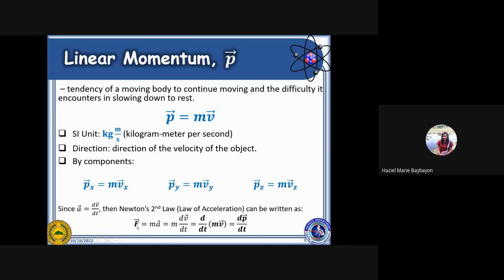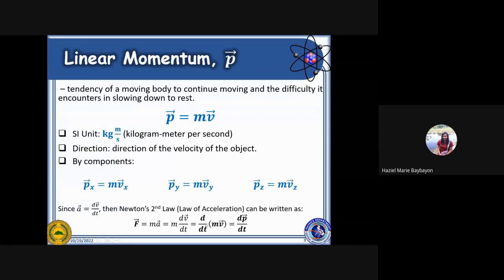So you start off with F equals ma. This is Newton's second law of motion. And then acceleration can be defined as the change in velocity with respect to time. And then we can take this out.